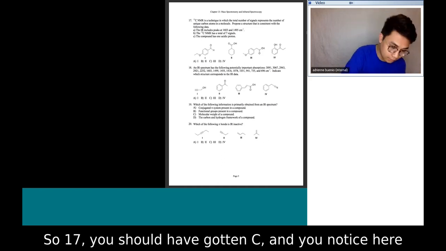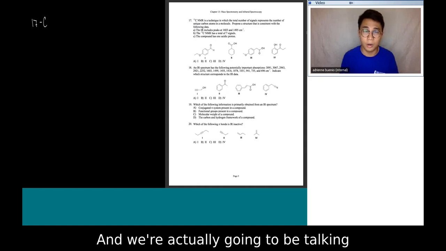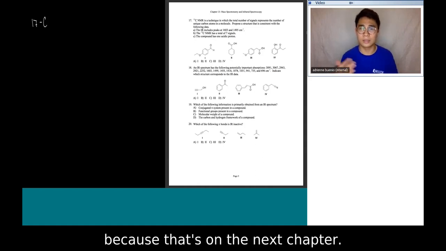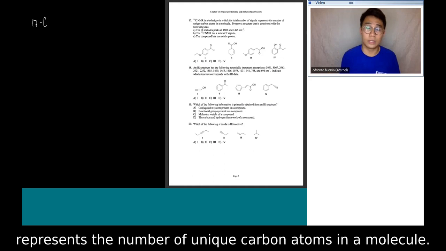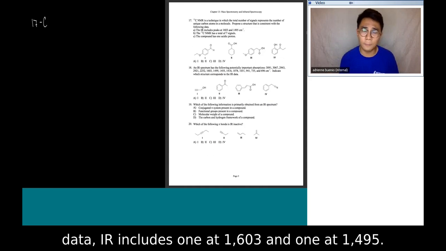So 17, you should have gone C. And you notice here they're telling us what CNMR is, and we're actually going to be talking about that in the next chapter, the next video. CNMR is a technique in which the total number of signals represents the number of unique carbon atoms in a molecule.